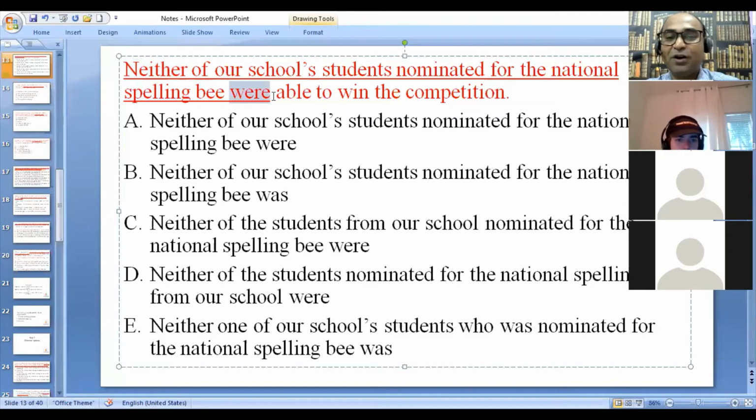So go back to the first preposition. Neither, it should be was. A out, C out, D out, between B and E. Neither, one, one, that is called redundancy. One more problem: should it be students was or students were? Students were, right? So E out, B becomes the best option.